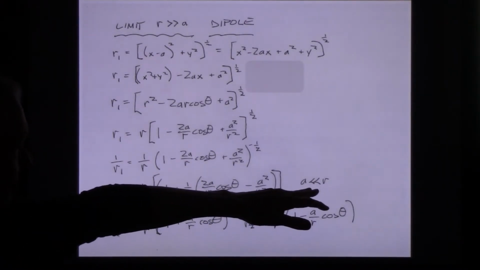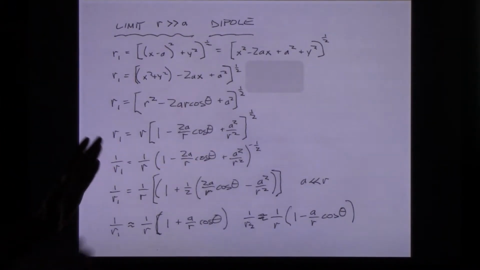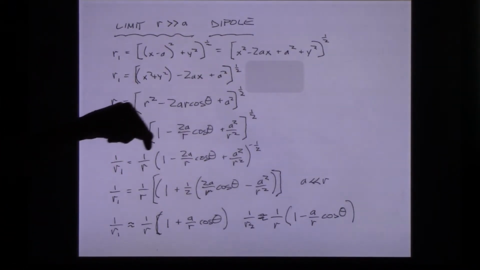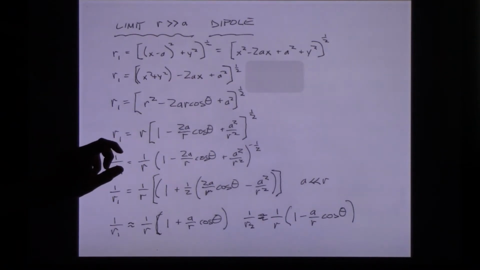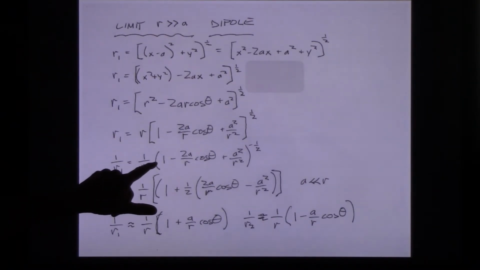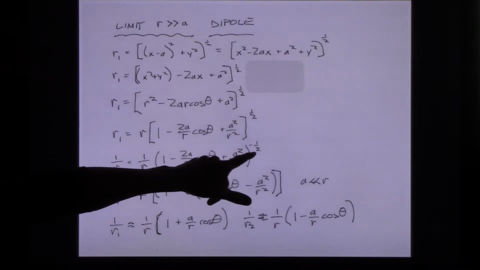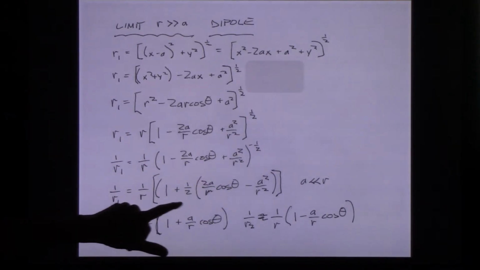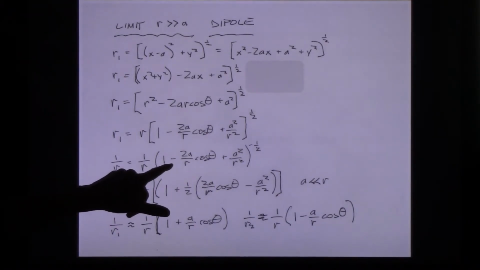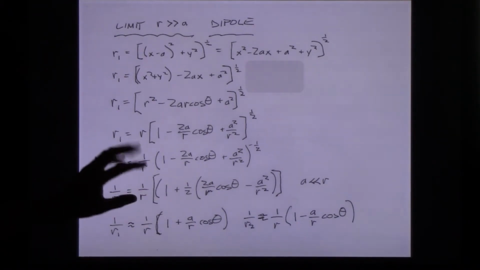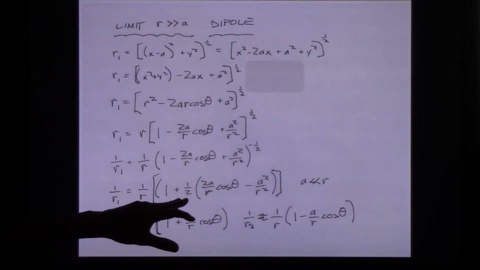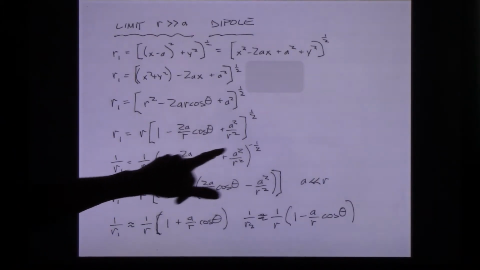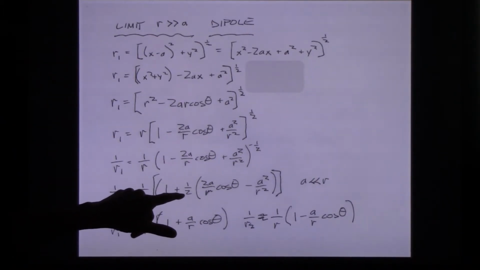If a is much, much less than r, what I can do is take the stuff inside the parentheses and say that's equal to 1 plus, now I'm going to bring down the minus 1/2 here, and so the 1/2 here cancels. I got it as 2 steps. I brought down the 1/2. The minus signs cancel. I'm left with 1/2 here.